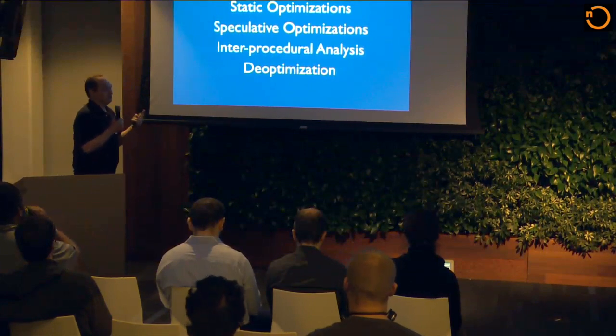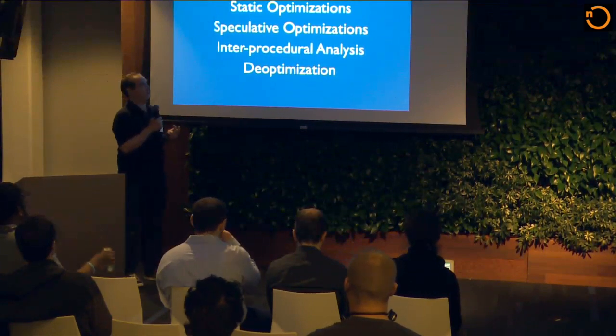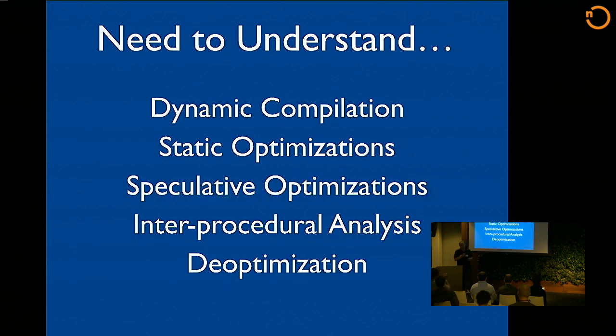We're going to have to understand dynamic compilation, when it kicks in, what kind of static optimizations the compiler does, what kind of speculative optimizations a JVM does, something about interprocedural analysis, and if we're going to do speculative optimizations, we're also going to have a way to fix our speculations, and that's the deoptimization. So we're going to see all of that in those 5 lines.